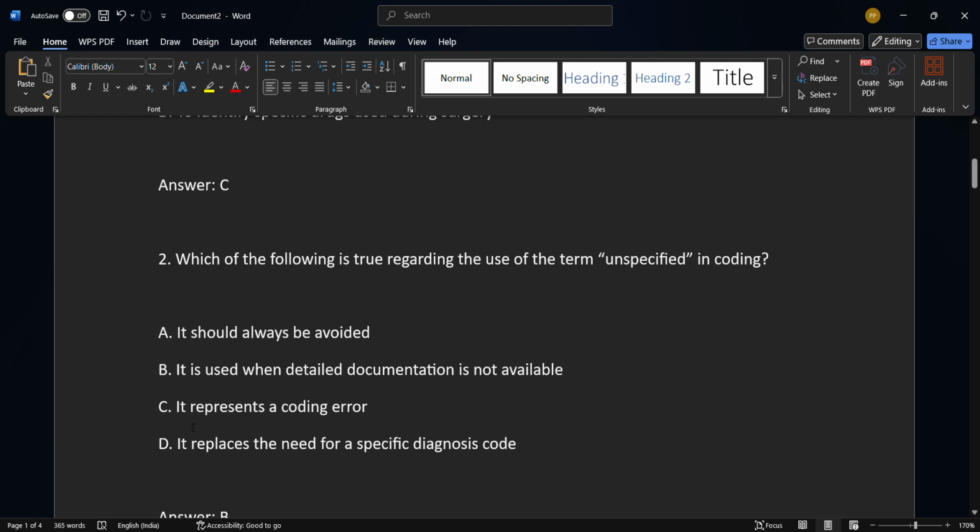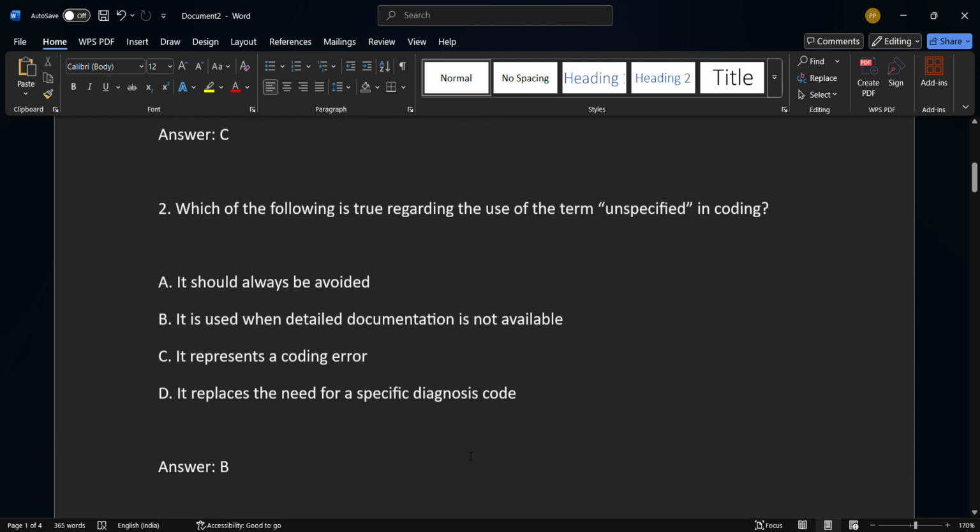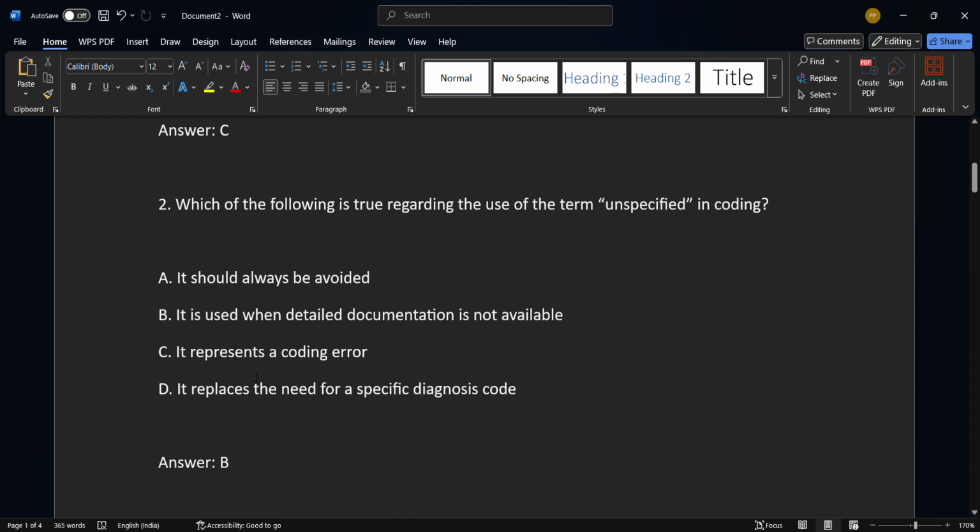Option C, it represents a coding error. And option D, it replaces the need for a specific diagnosis code. The right answer is option B. It is used when detailed documentation is not available. In those cases, you have to use unspecified, and that will become an unspecified condition.